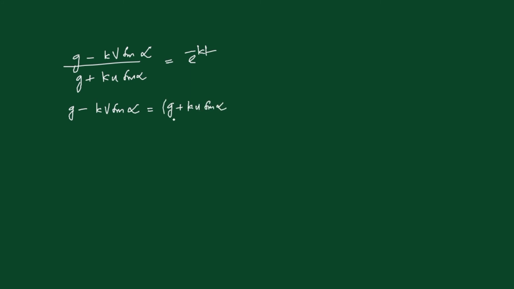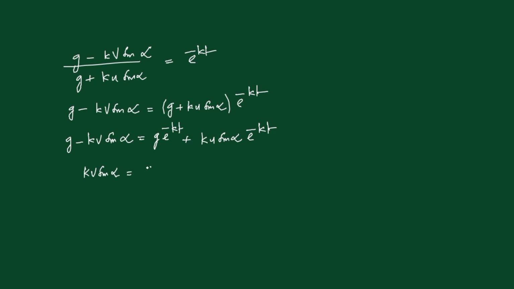Then we can write it again as g minus kv sin alpha is equal to g e raised to minus kt plus ku sin alpha into e raised to minus kt. We can again rewrite this as kv sin alpha equal to g minus g e raised to minus kt minus ku sin alpha e raised to minus kt.